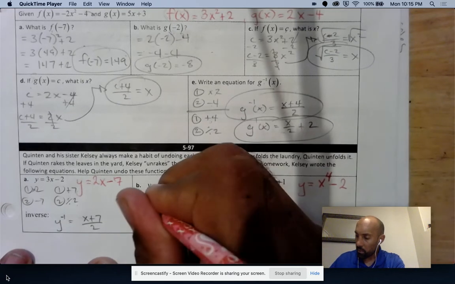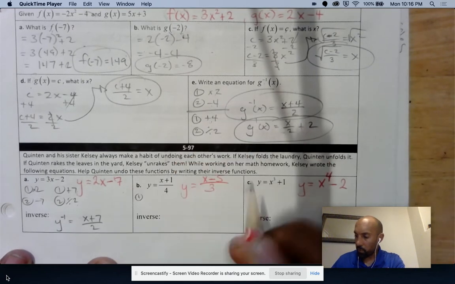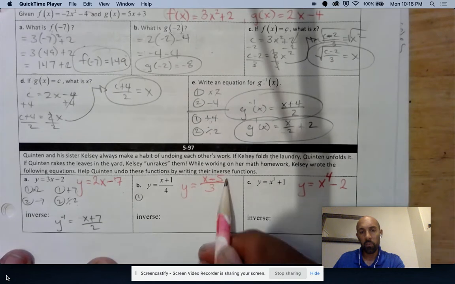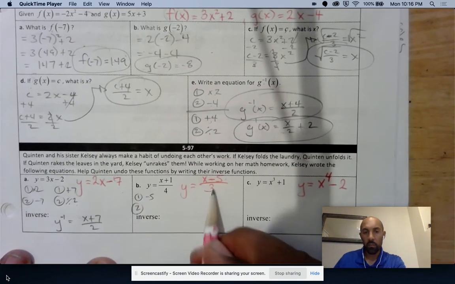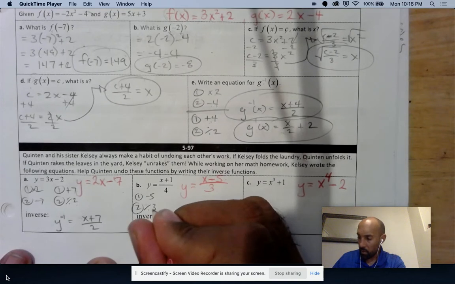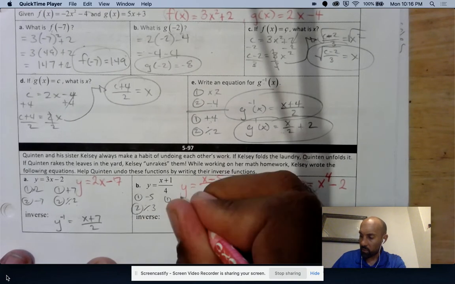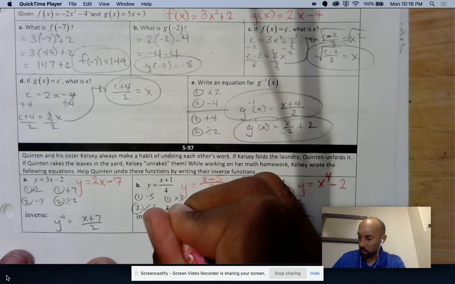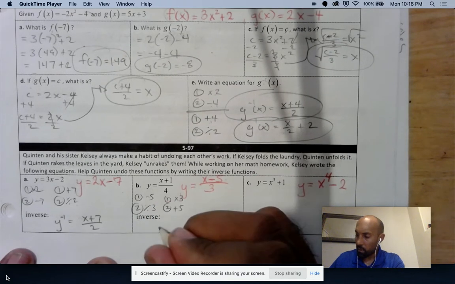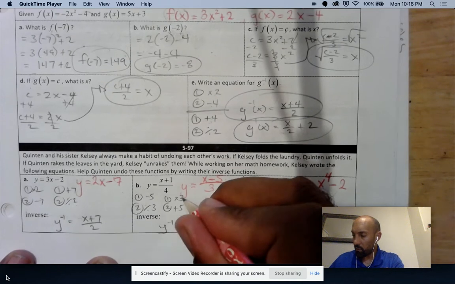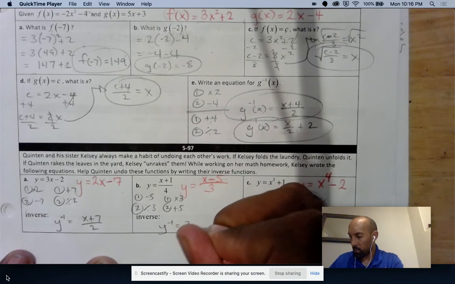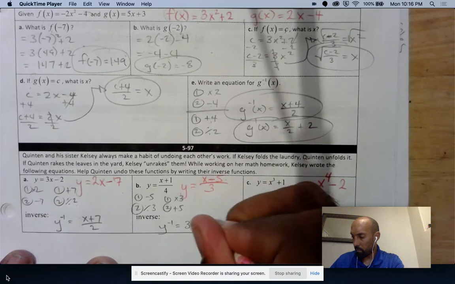Now here, the first thing I would do with this function is take x and subtract 5. Then the next step is I divide by 3. So for my inverse function, I would start by multiplying by 3 and then adding 5. So y inverse would be first 3 times x and then add 5.